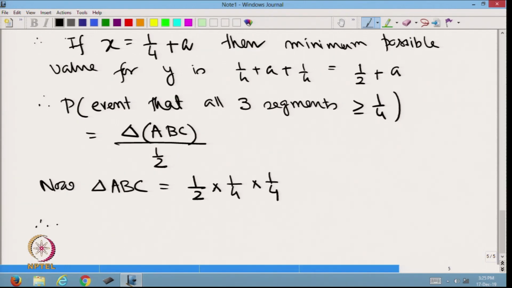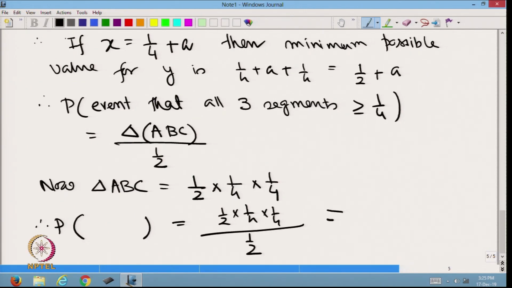Therefore, probability of this event is equal to half into 1 by 4 into 1 by 4 divided by half, which is the size of omega, is equal to 1 by 16.